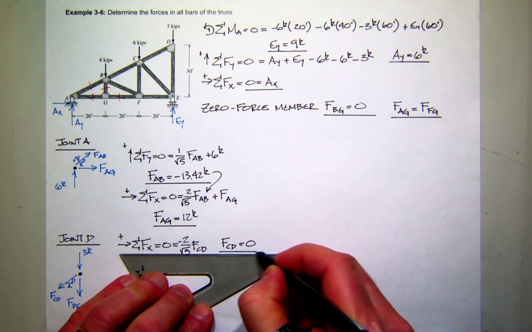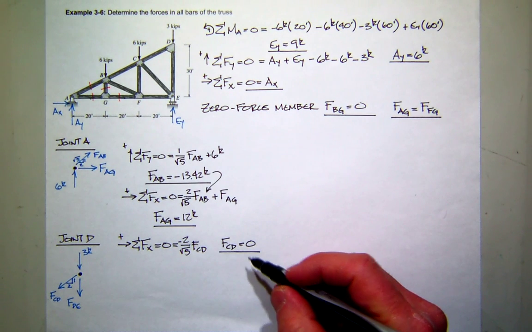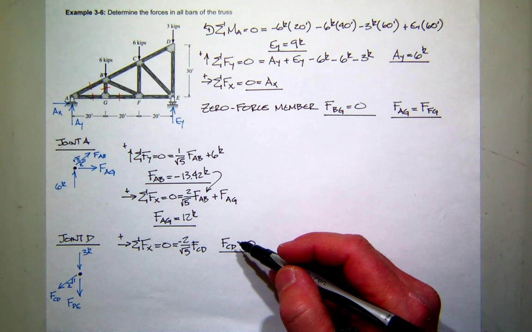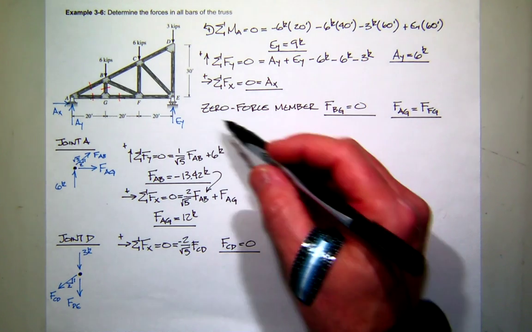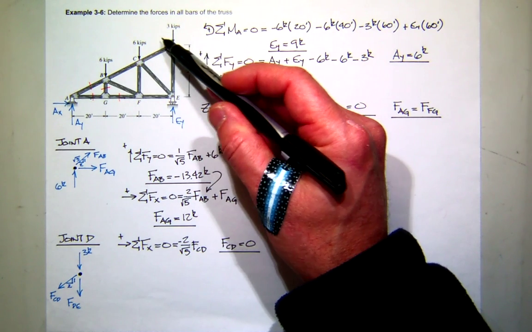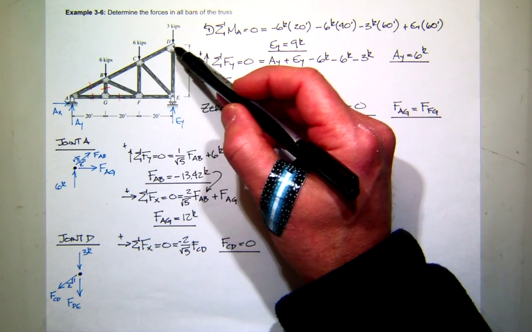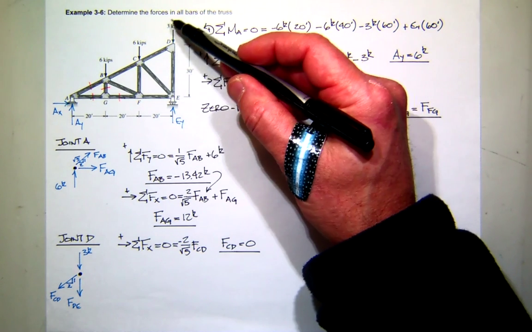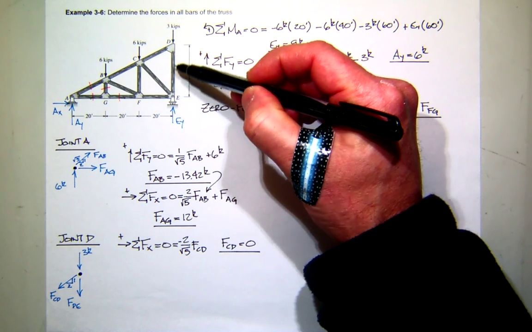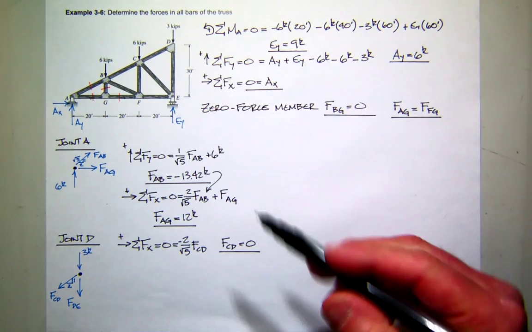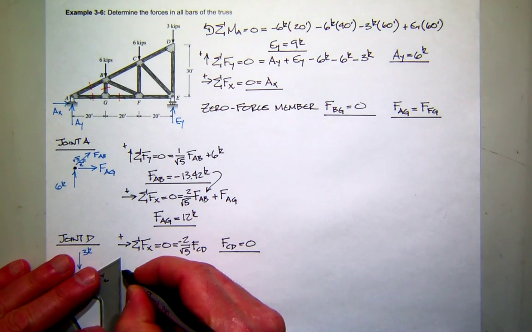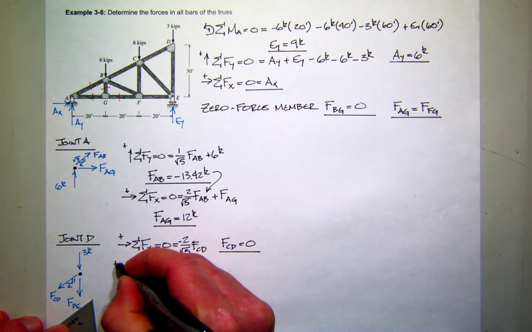Now that technically makes it a zero force member, but it is not a zero force member in the way we find by inspection. It just so happens that with this load applied at this joint, this element has no force, and pretty much all the 3 kip is going to be handled by DE. And we'll find that when we sum forces in the Y direction.